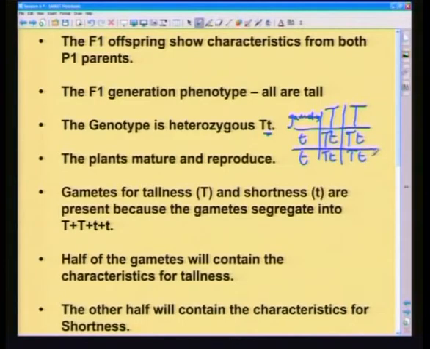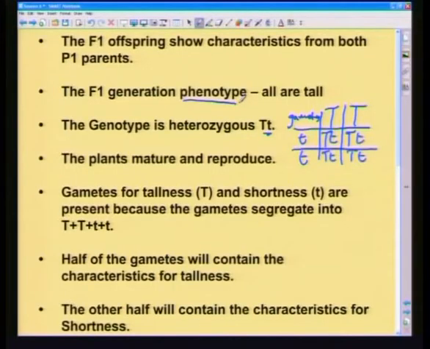So in the phenotype, what are they all going to look like? They all have that tall gene, so they are all going to be tall plants. But what do they have? They have this recessive gene as well. So we're saying here in the genotype, they are all heterozygous. And in the phenotype, the physical appearance, they are all going to look tall.